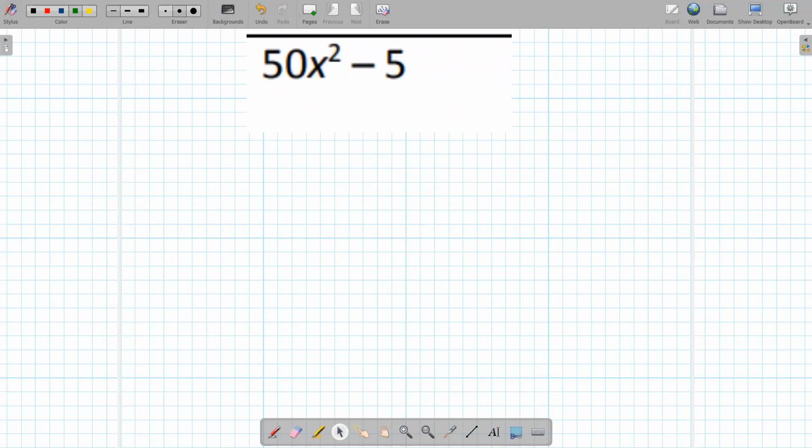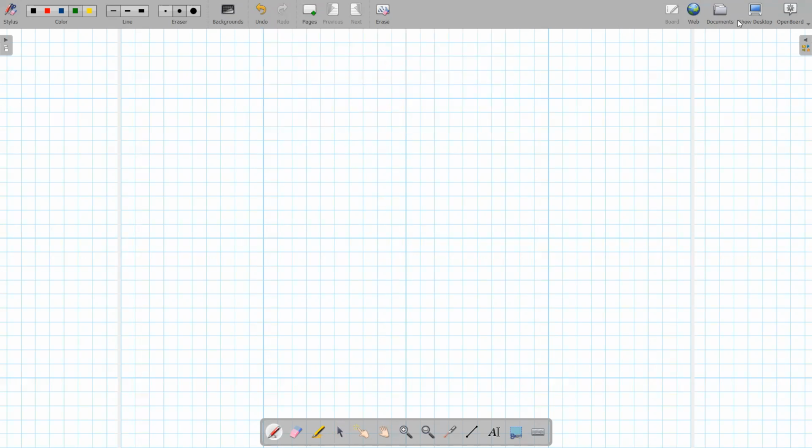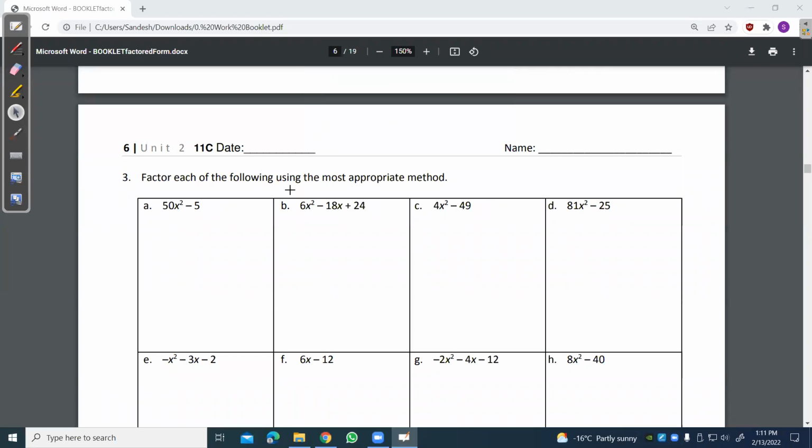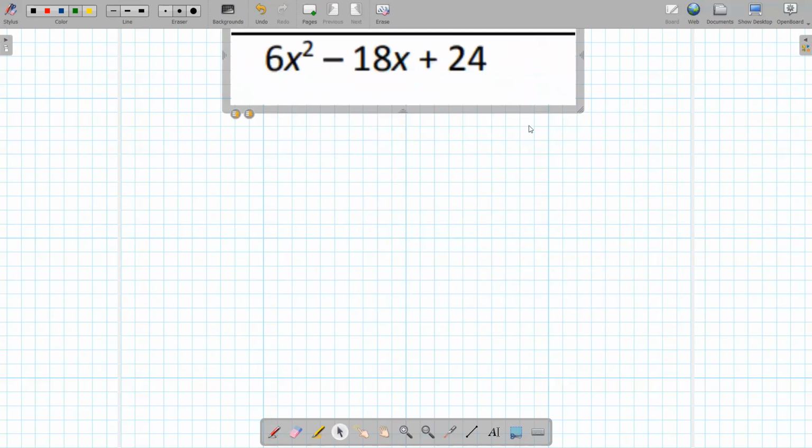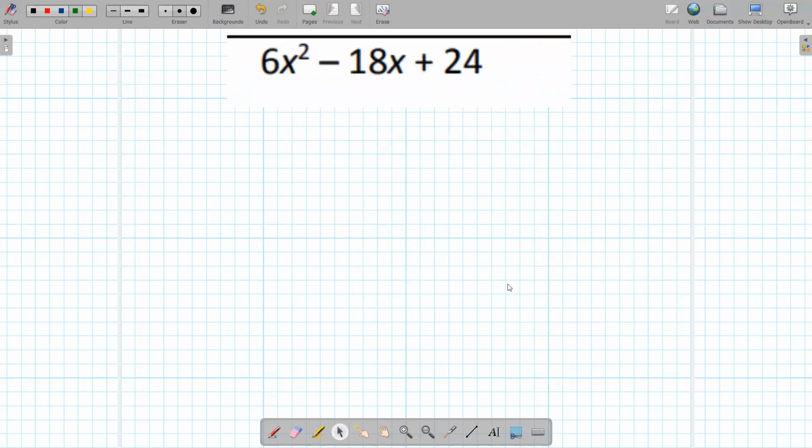If you pull out a 5, what are you left with? 10x squared, and then minus 1. And you're done, because you can't really square root 10x squared. It's not a nice number. What about this? Now there's 3 terms here, so this is not a difference of squares, that's for sure.